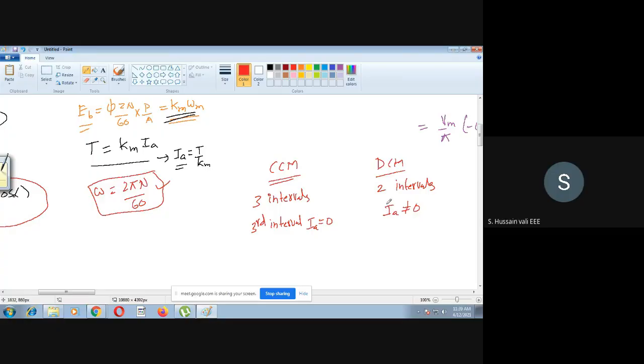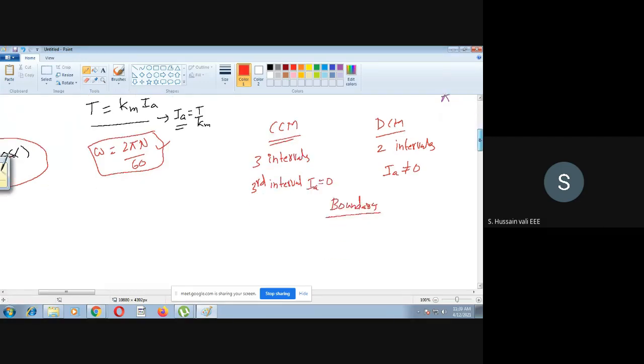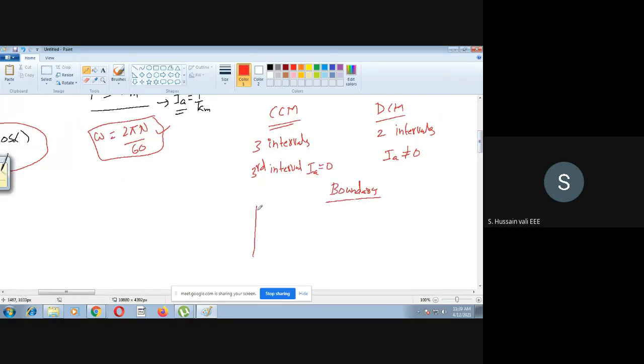Now what about the boundary? What is meant by boundary between these two modes? It is neither continuous conduction nor discontinuous conduction. It means something like this, that I will just draw a waveform here for the current, so that you will understand. This is a normal current waveform. Just for example, you can call it continuous conduction mode.